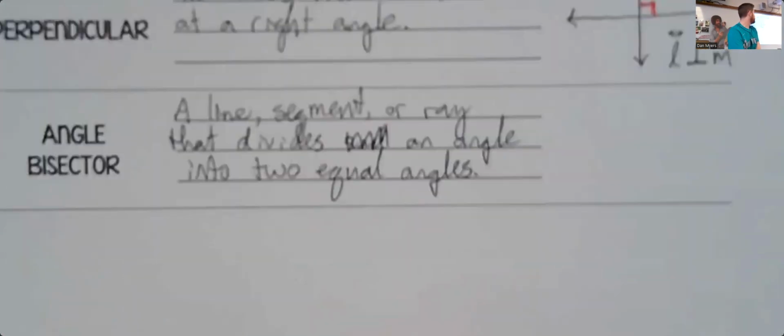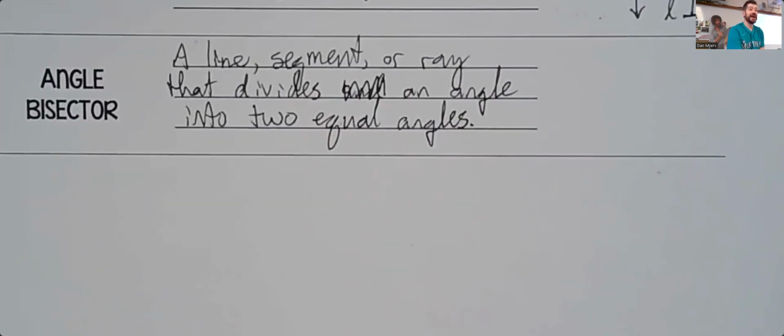That's just a long way of saying something that cuts an angle in half. So it's a line, it's a segment, it's a ray, one of those three things that divides an angle into two equal angles.